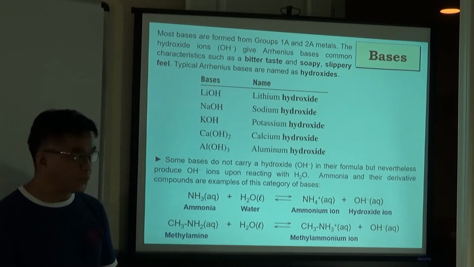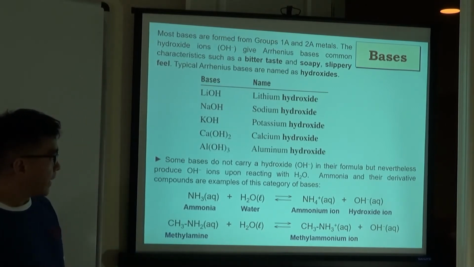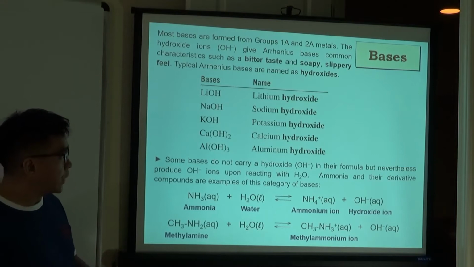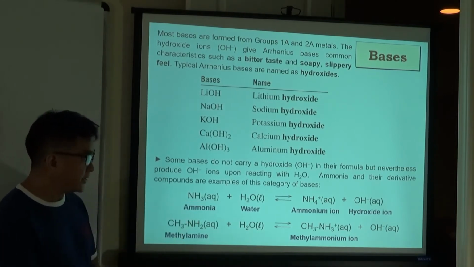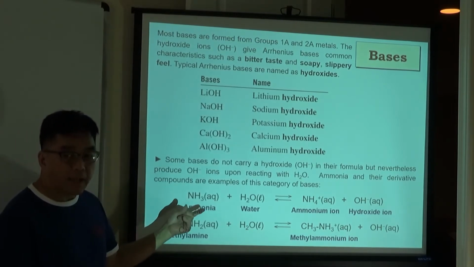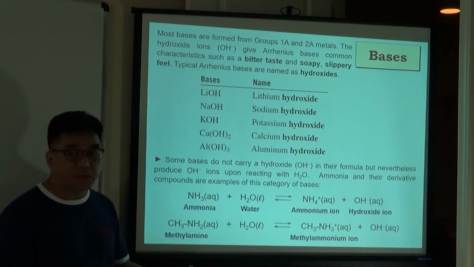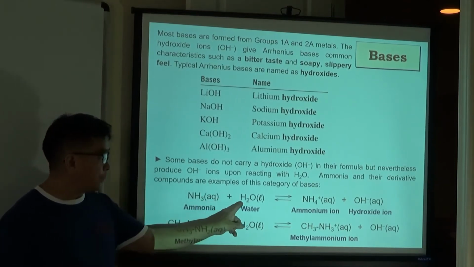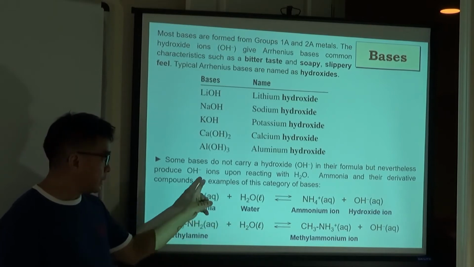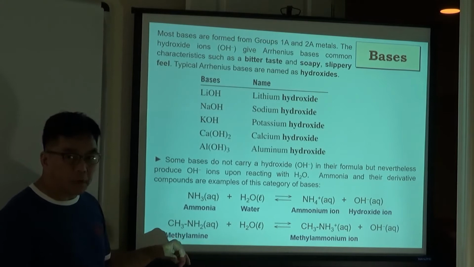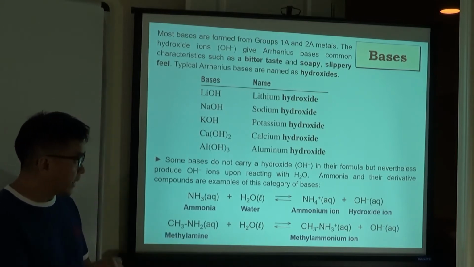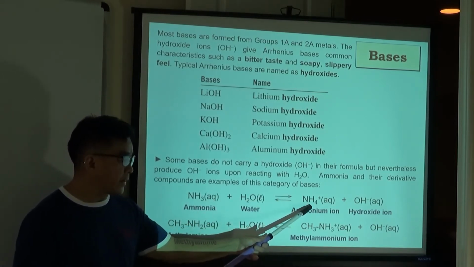Now, there are some bases that do not carry hydroxide. For example, ammonia. Ammonia is a base. It doesn't carry hydroxide. However, ammonia is a gas, but when it dissolves in water, okay, it can grab a proton from water and put it here because ammonia has a lone pair of electrons on the nitrogen, so it can form so-called ammonium ions.